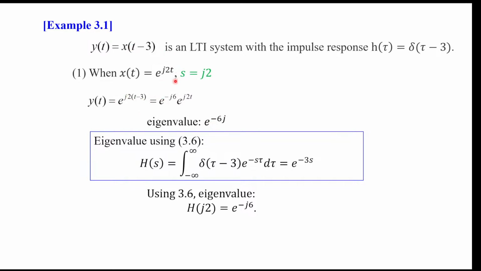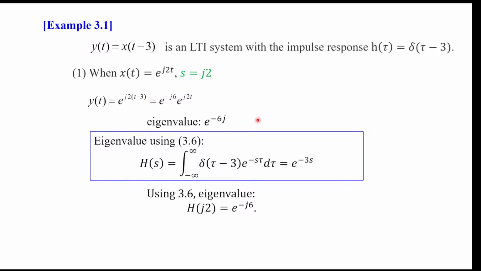With this property of the exponent again, it's e to the j2t times e to the minus j6, since 2 times minus 3 equals minus 6. So we see that the output y of t is the input e to the j2t times another eigenvalue, e to the minus j6.